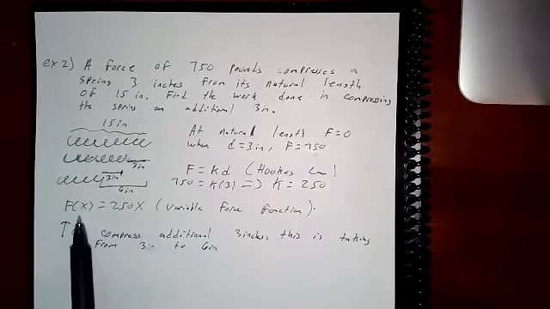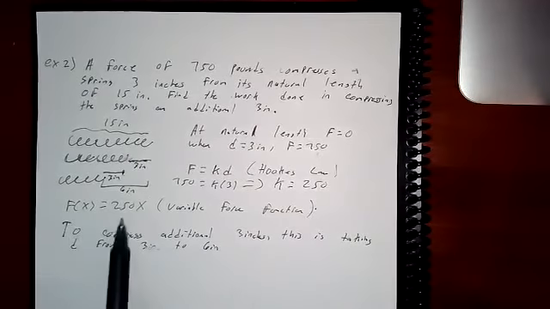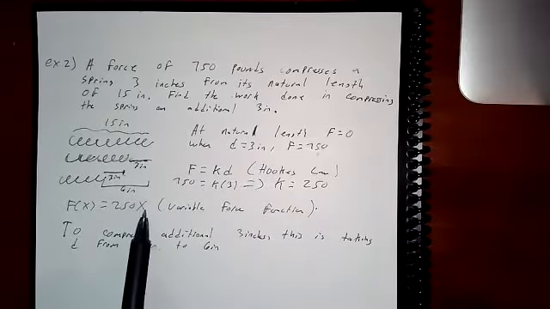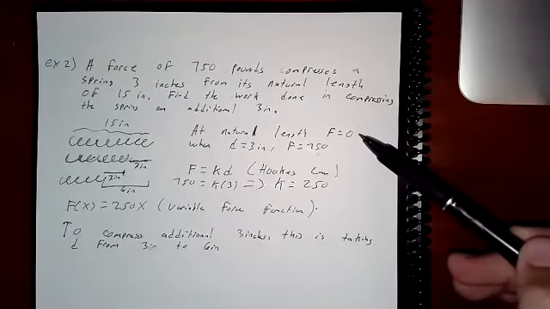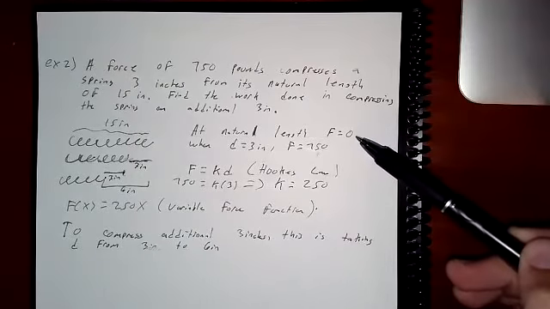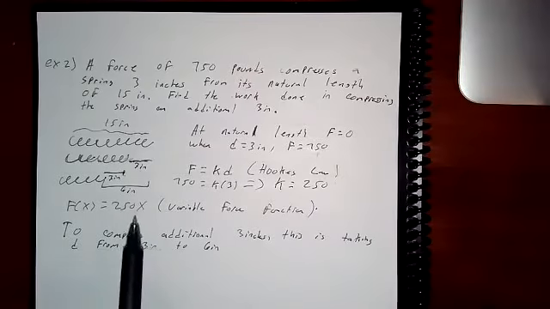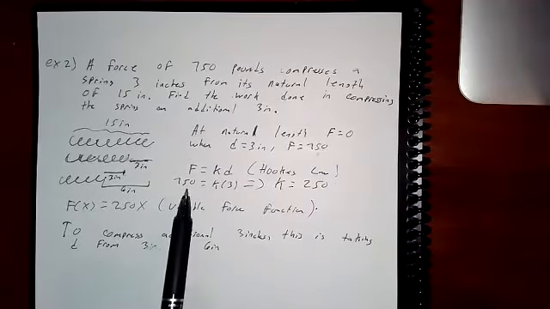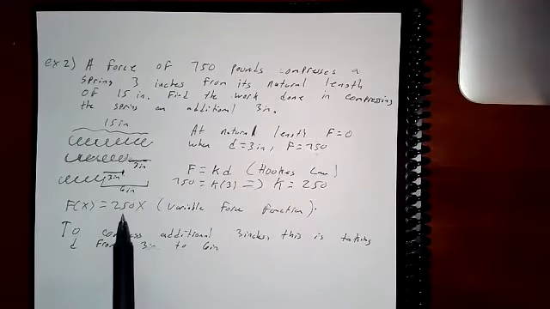So the force function will be equal to 250x, where x is your distance of compression. If I don't compress anything, F of x is 0, that would be 0 force. And if I compress 3 inches, I should get 750. So you see how the function works?